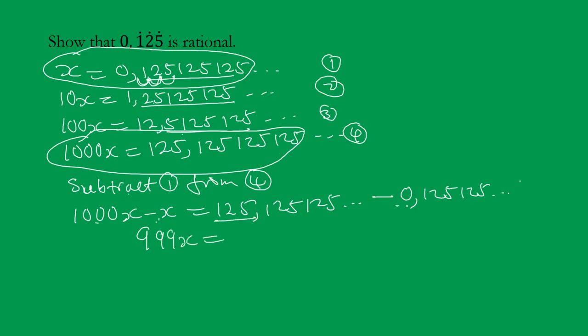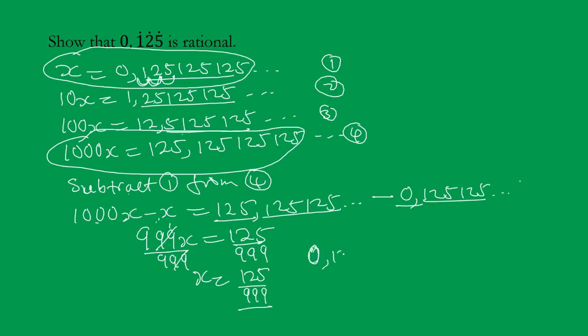It's equal to 125 minus 0, because these decimals will cancel each other out when we subtract, so we just remain with 125. Then divide by 999 on both sides of the equation. So it means x is equal to 125 over 999.